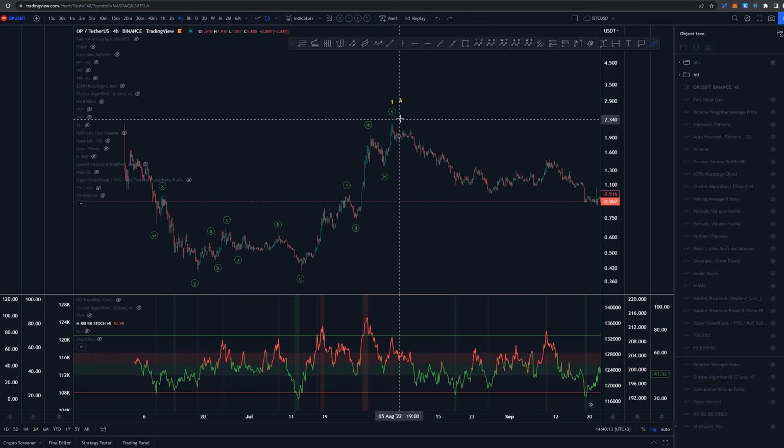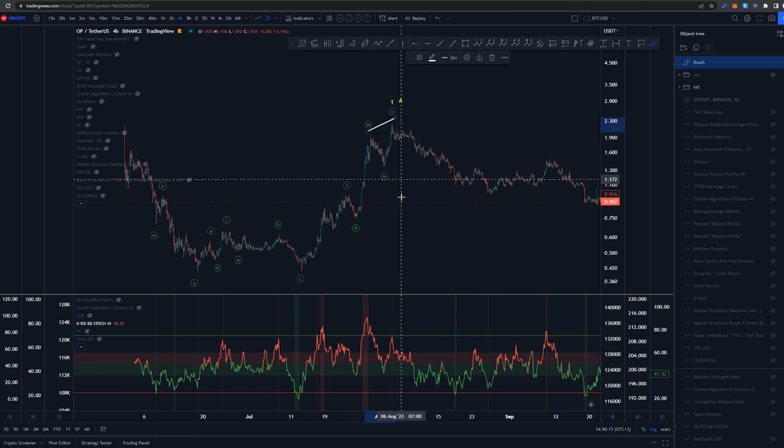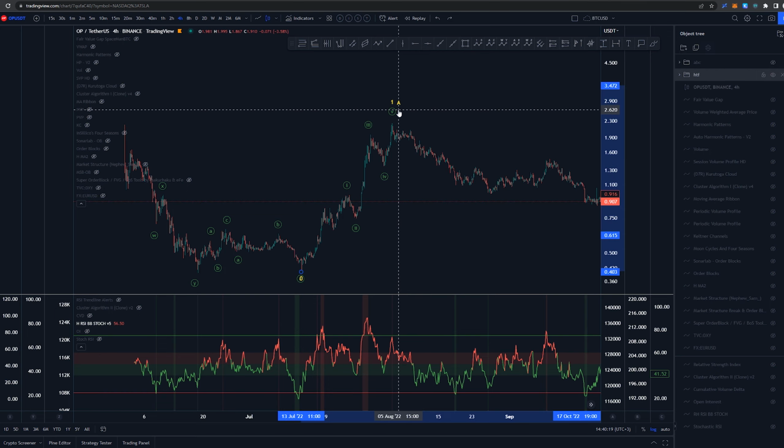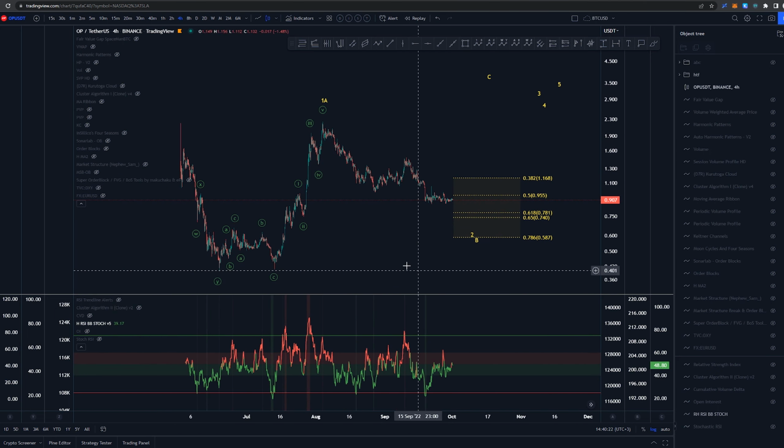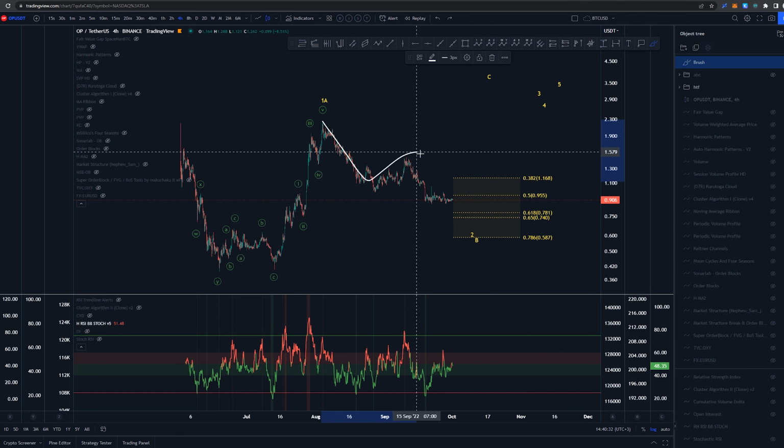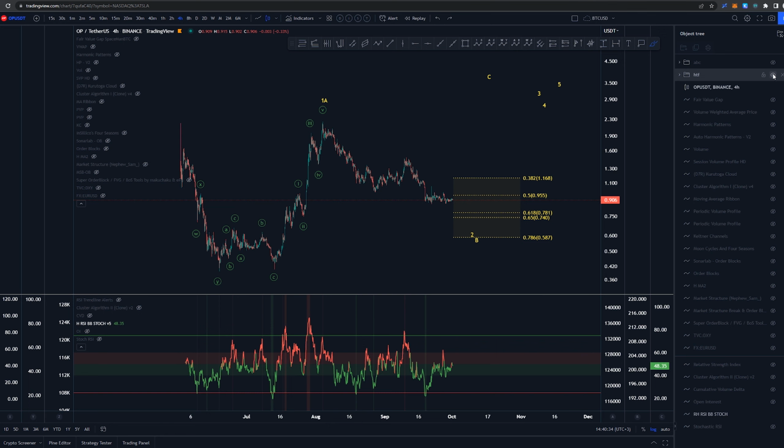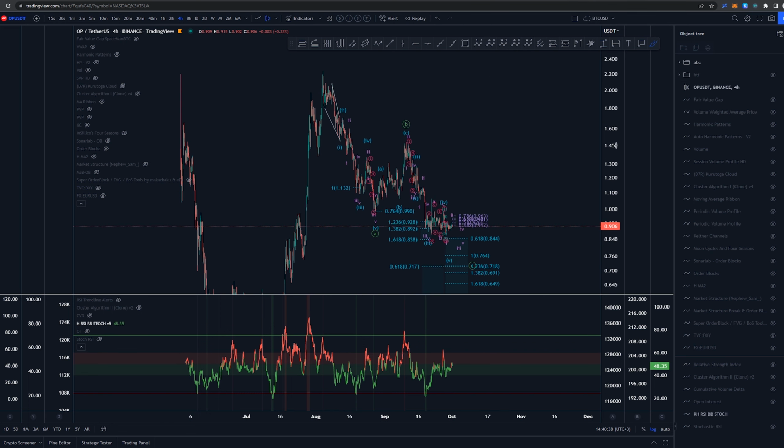Divergence between the third and fifth, and that would be it. This would bring us to wave 1 or wave A, and then we would be looking for some kind of correction to the downside. Now, at this point again, I'm looking at this as a three-way structure coming down, something like this. If we are turning off the higher time frame, we would be looking at this as an ABC.